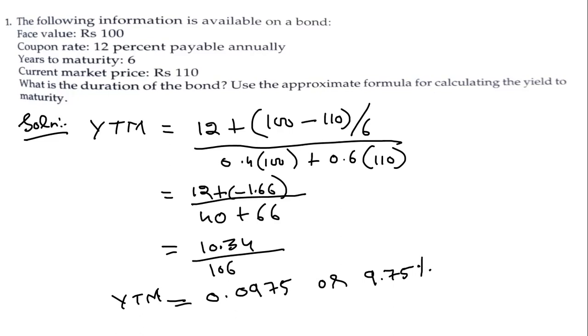So using this 9.75, we will calculate the duration of the bond. So let's put the values. First column here is 1, column number 1. Second is the cash flow, that is nothing but CT, column number 2.